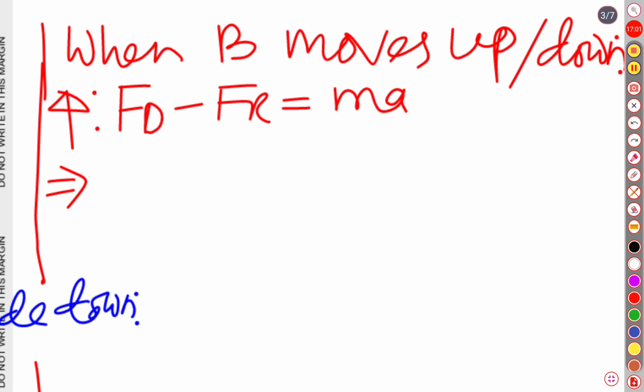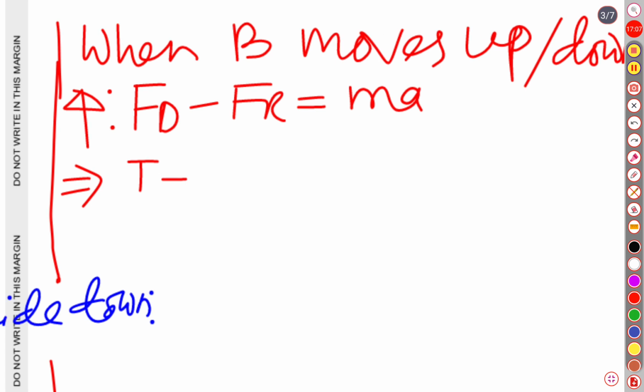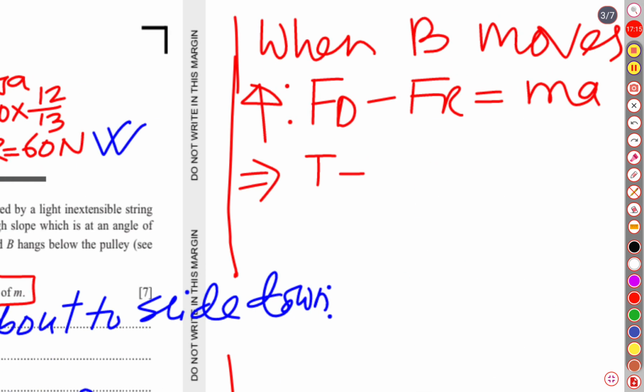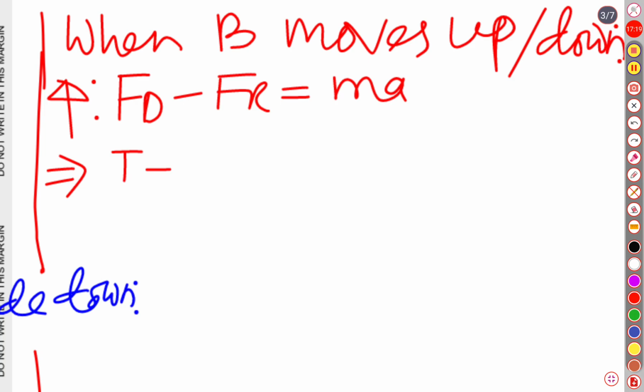Tension is the driving force. So tension minus, what is the force trying to move it down? Nothing but weight. Here only weight is acting downward. So minus weight, mg cos 0 degree, because it is vertically downward, that is along the perpendicular line.